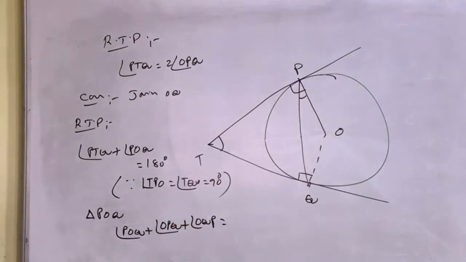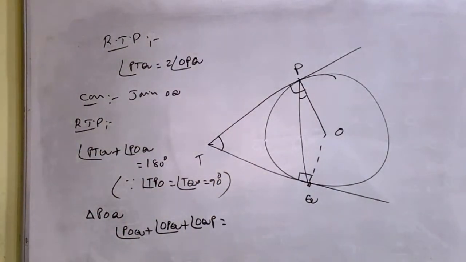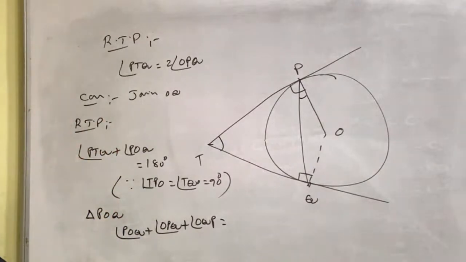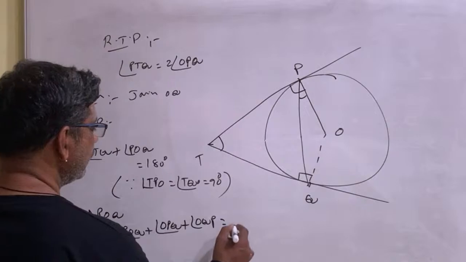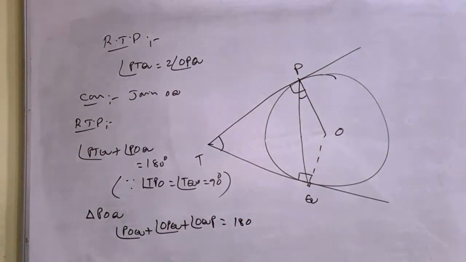How much will it be and what is the reason? Yes, 180, and the reason is the angle sum property of a triangle.